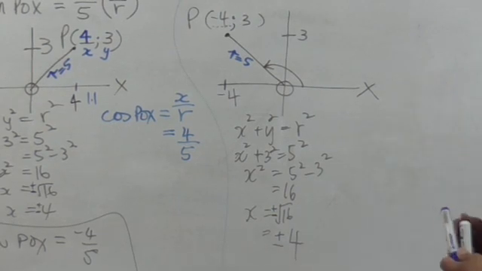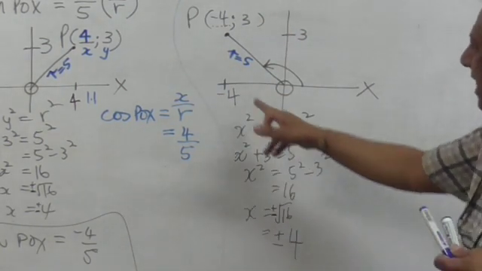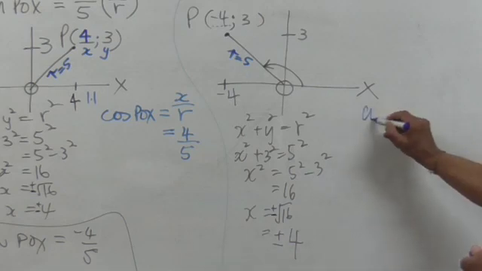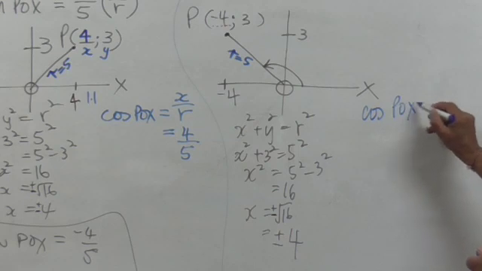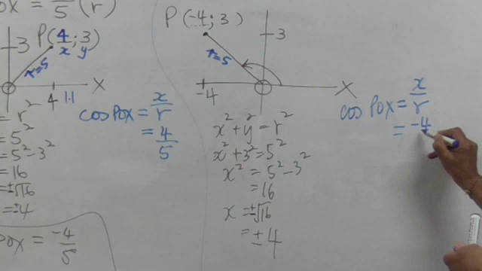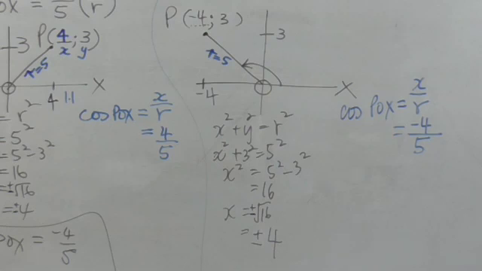You decide whether the y is positive or negative. This is the second quadrant. So in the second quadrant, it'll have to be negative. And now you want the value for cos P of x. So cos P of x is equal to x over r, which will be minus 4 over 5. So that is how we get our two values for cos.